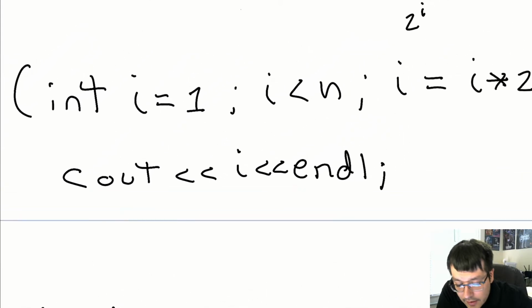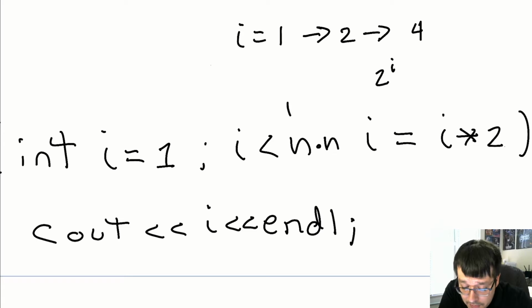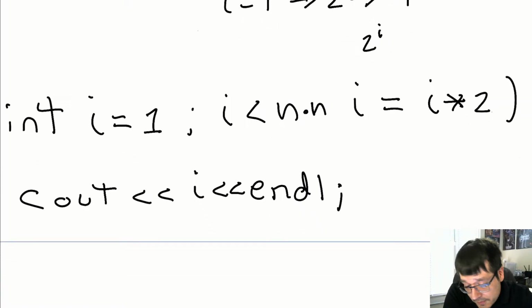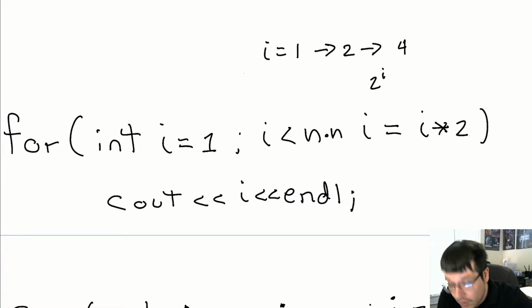Let's change this to not just be n, but n squared, which I'm going to rewrite as n times n. In his homework, they actually put it as n squared, which was weird. It was trippy. But technically, they didn't say it was C++ code. But yeah, let's do this now. So what is the time complexity of this now?